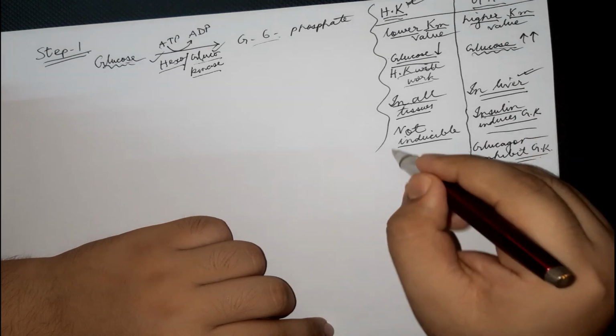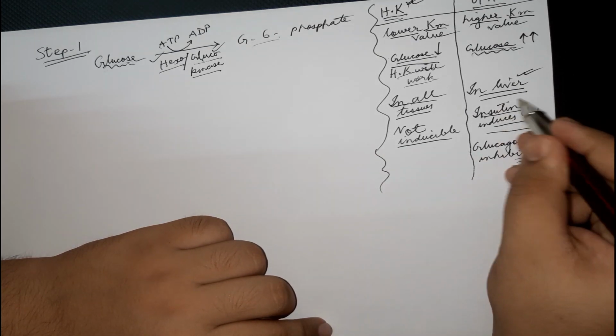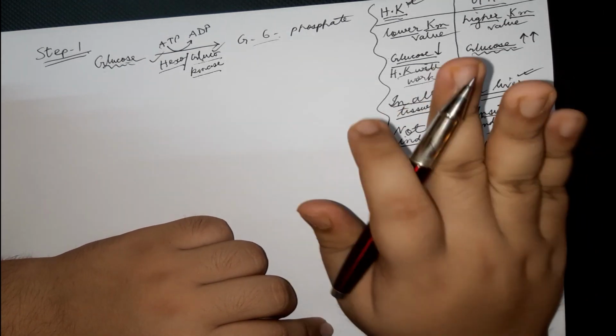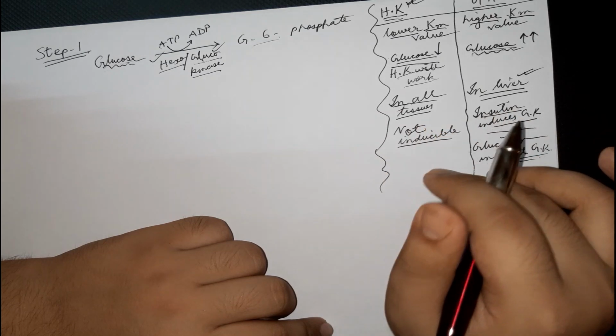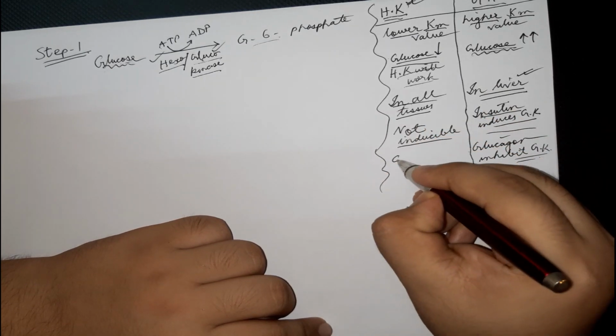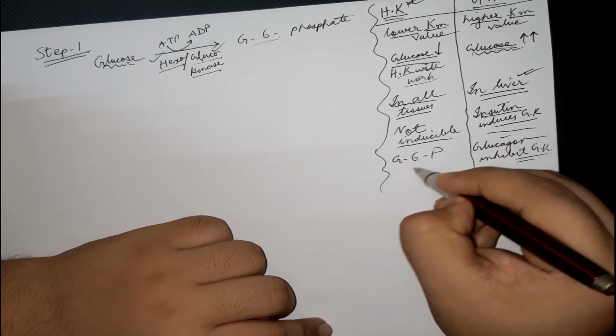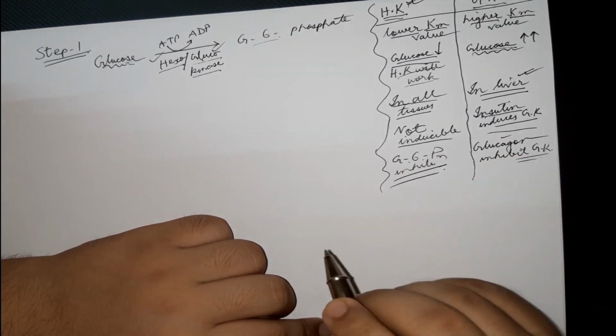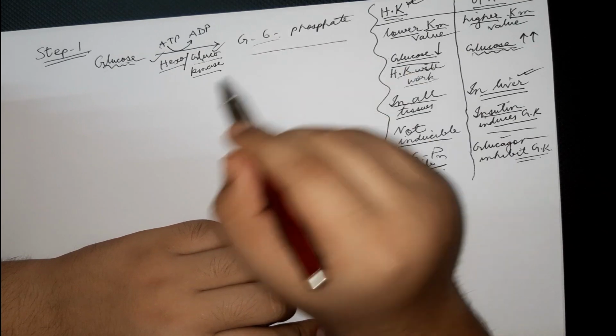But we will see that hexokinase is not affected by insulin or glucagon. Rather, it is inhibited by glucose 6-phosphate itself. Glucose 6-phosphate is the product.